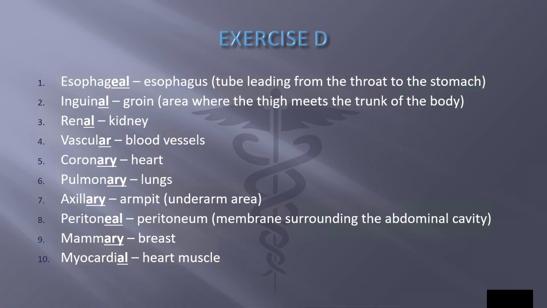Number 7, axillary. Once again, ARY here means pertaining to, and axillary refers to the armpit or underarm area. Number 8, peritoneal. The suffix EAL means pertaining to, and peritoneal refers to the peritoneum, the membrane surrounding the abdominal cavity.